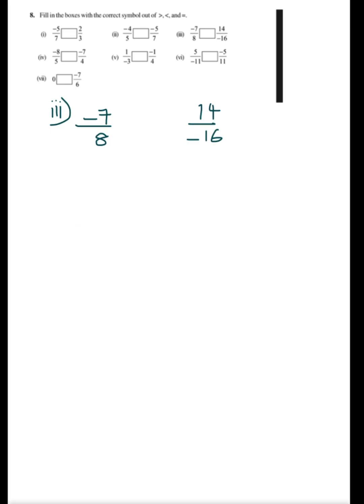Minus 7 by 8 and minus 14 by minus 16, which means both are negative rational numbers. So before making their denominators the same, first let's convert this 14 by minus 16 to its standard form. To convert to its standard form, we need to divide both by their common factor.